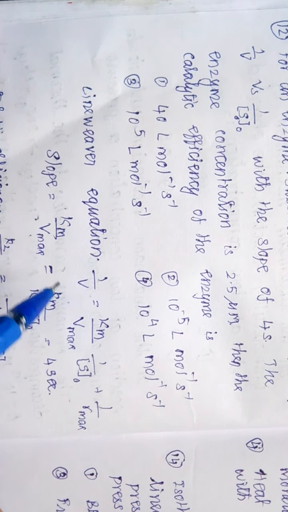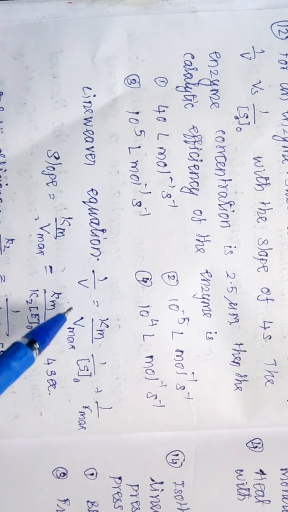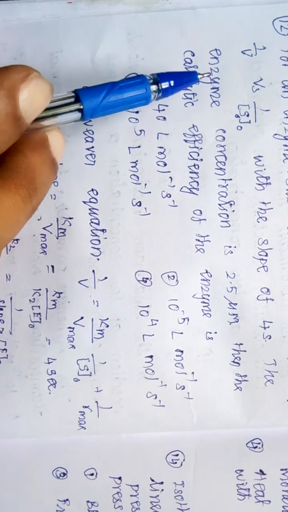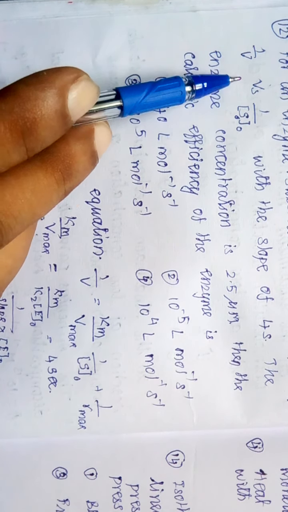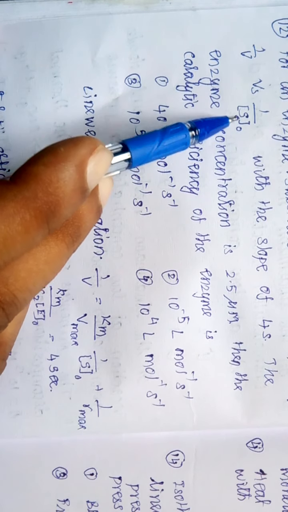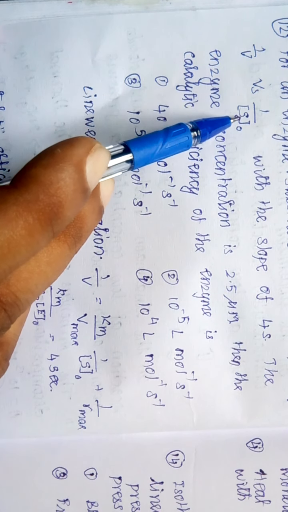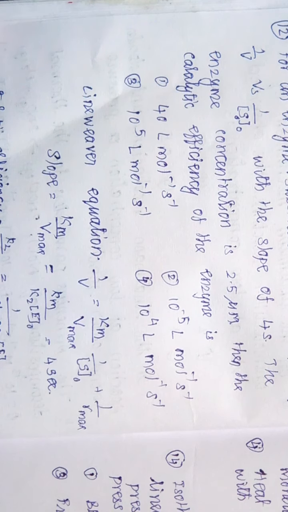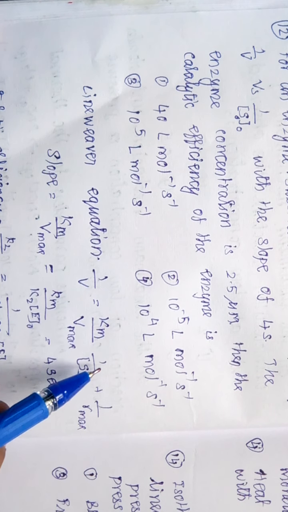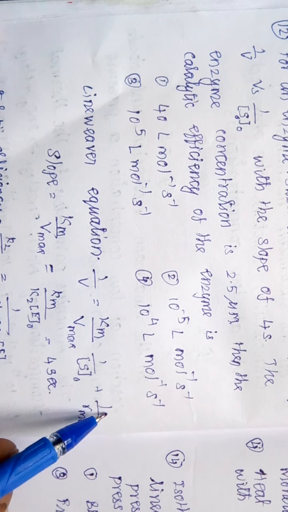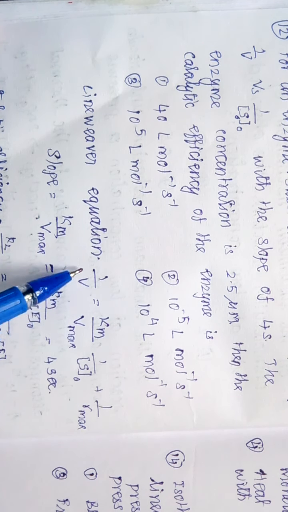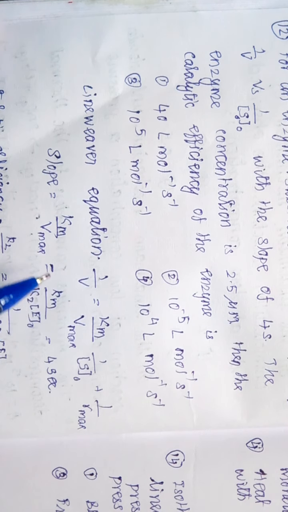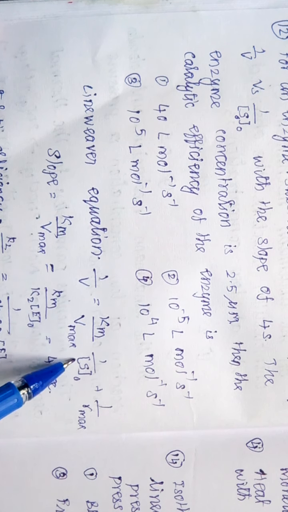This is a Lineweaver plot, 1 by V plotted against 1 by S naught. S naught means the initial concentration of the substrate. So this is the equation: 1 by V is equal to Km by Vmax times 1 by S naught plus 1 by Vmax. The equation is like y is equal to mx plus c.